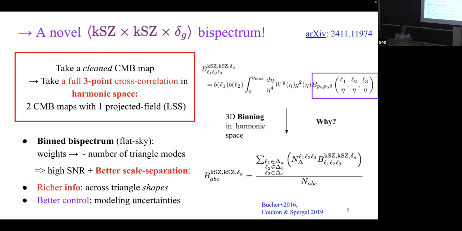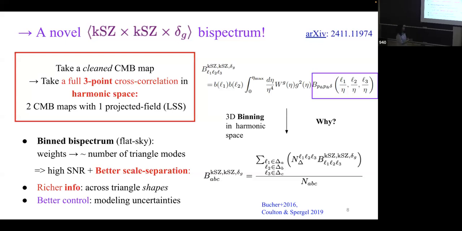One reason is simply that in any one triangle mode, for any given triplet of L1, L2, L3 that your bispectrum is a function of, the amount of signal in one single triplet is going to be pretty small. But if you do a 3D binning in harmonic space, you still have much better scale separation than what was done earlier in the kSZ squared case. And because you're not doing that sort of compression, we also get a much higher signal-to-noise ratio than the earlier method.